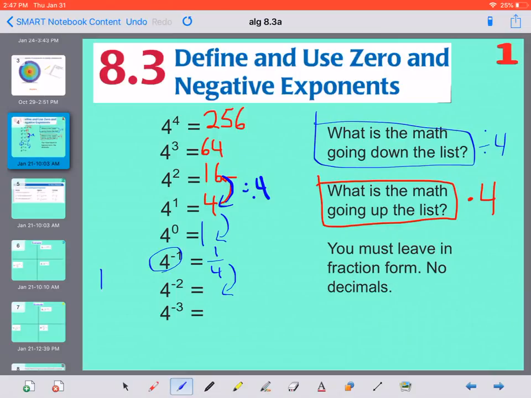So the reciprocal of 16 is actually 1 over 16. So my next number is 1 over 16. Last one then, I take that 4 to the third and I find the reciprocal of that. So 64 over 1, the reciprocal is 1 over 64.